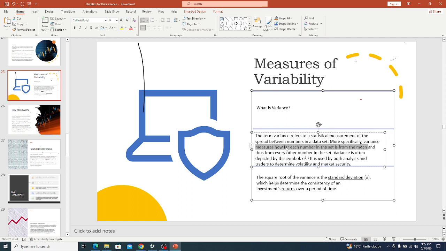So we are trying to check how our data set is spread away from the mean, for every number in the set. Variance is often depicted by a simple sigma squared.